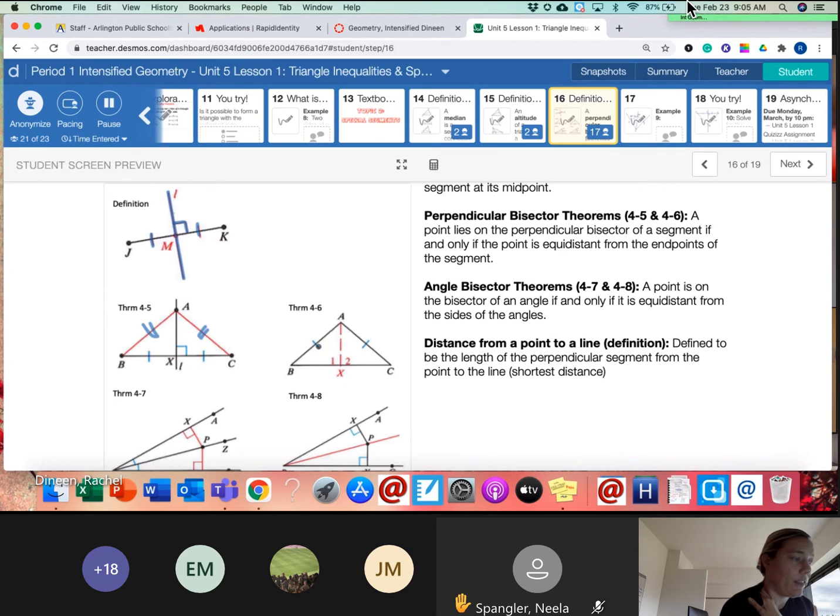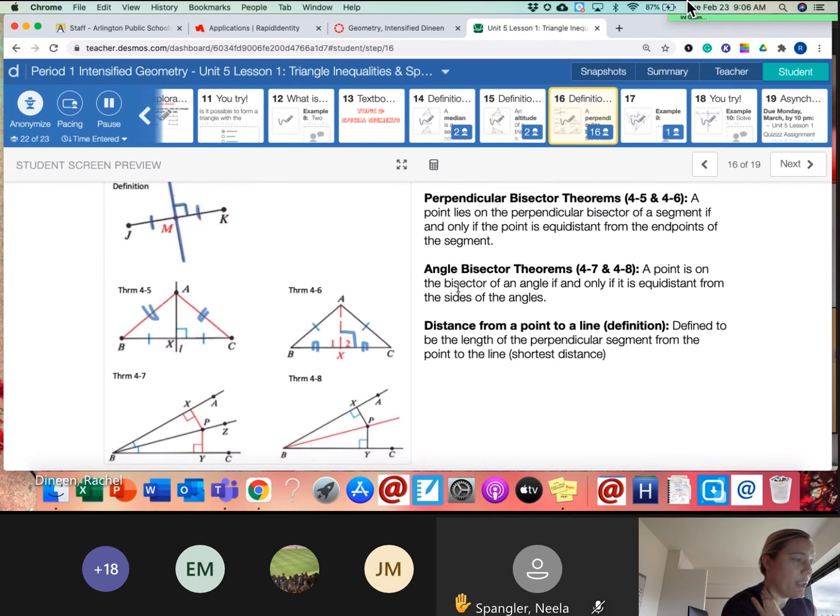The reverse is also true. If you see that these two sides are congruent, then you know it is perpendicular and it bisects. Having these diagrams will help you, like in examples 17 and 18.